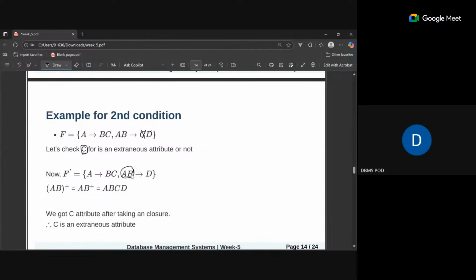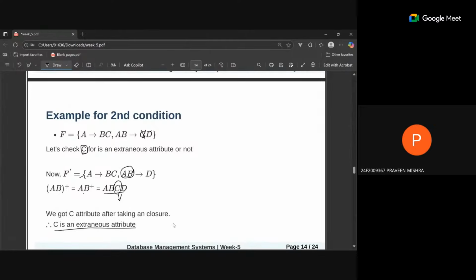If you take the AB closure, we get ABCD on this dependency. And again you got C after removing it, right? So if you are getting it back after the closure on this F dash, that is called an extraneous attribute.